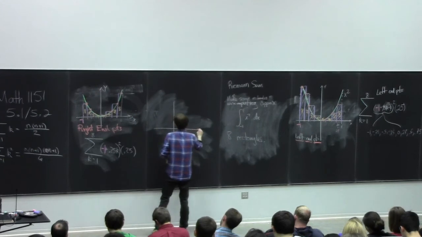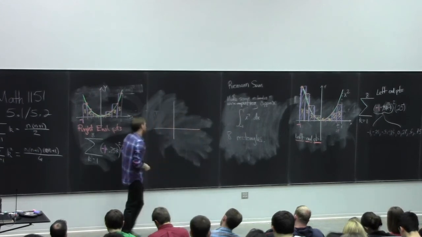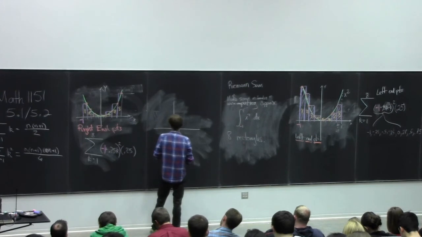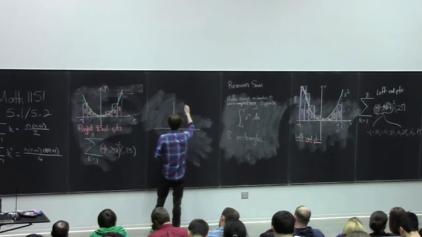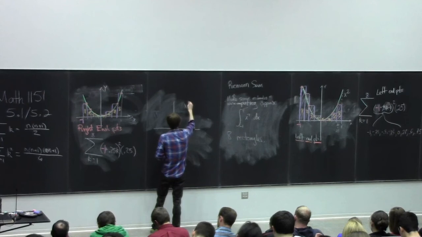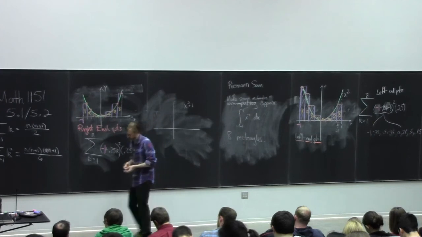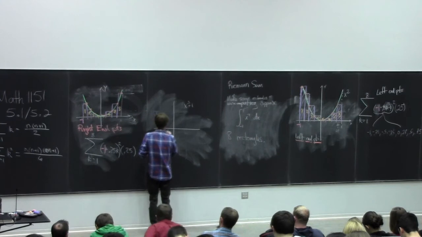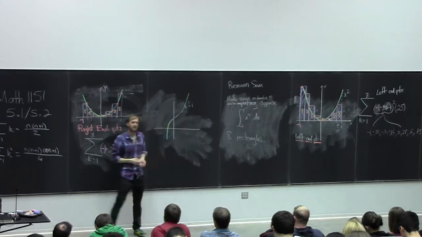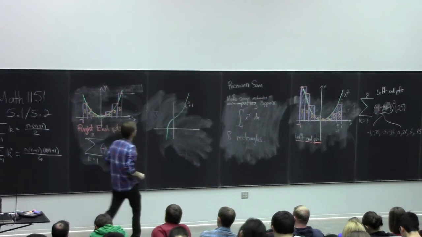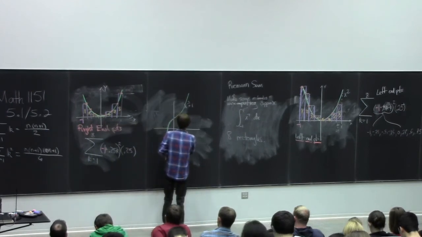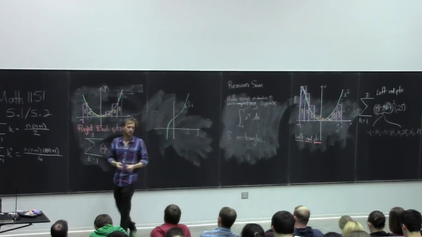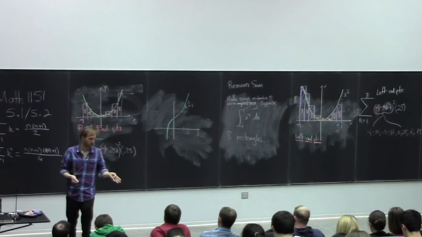What you have to do, let's do just another example. If I had, say, x cubed plus 1, but let's say I wanted to integrate it from 2 to 3.